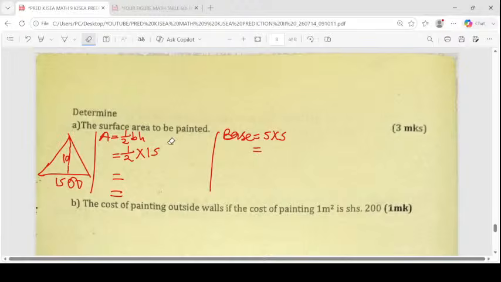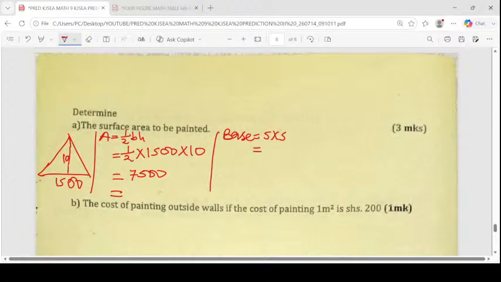So it is going to be a half times 15 meters, which is like saying 1500 centimeters, times 10. This will be 7500, because we've taken a half times 1500 times 10.